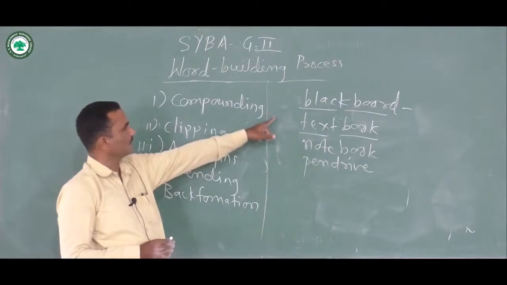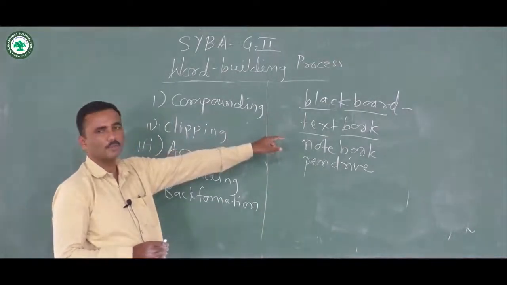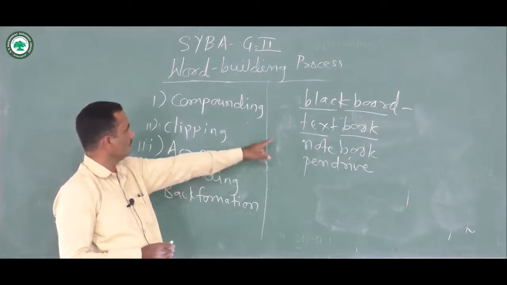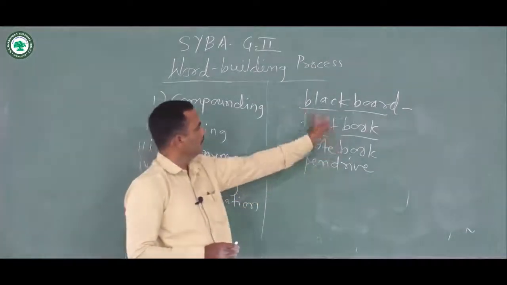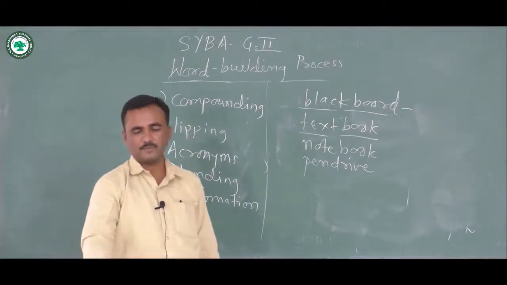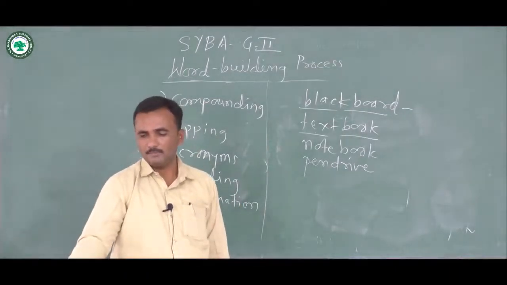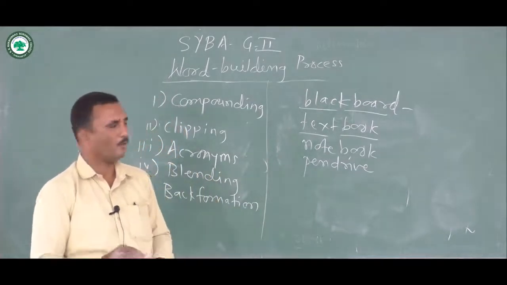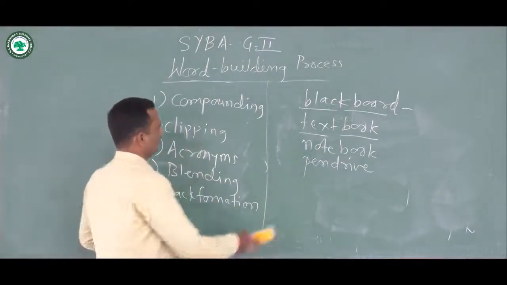So when two different stems or two different roots are brought together and a new word is formed, this process is called compounding. It is the most common process found in language, that is, in our English language. So many words can be formed by this process of compounding.